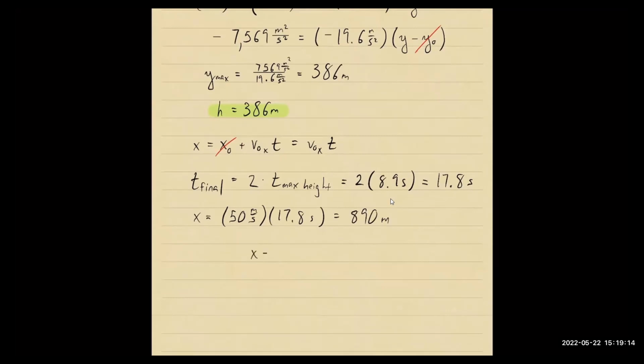So our ball, after being thrown by someone with an inhuman amount of strength, traveled 890 meters in the x direction and reached a max height of 386 meters. Which again is absolutely an insane distance.